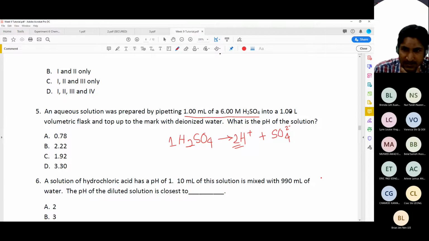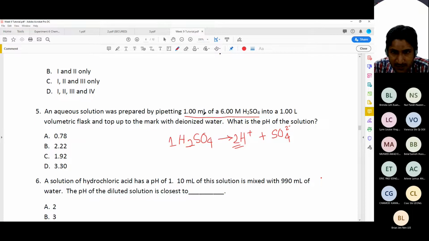Since we are dissolving in 1 liter, the concentration is being changed, and it is not 6 molar anymore in 1 liter, but the number of moles are the same, right? Number of moles does not get reduced. These are the particles inside.